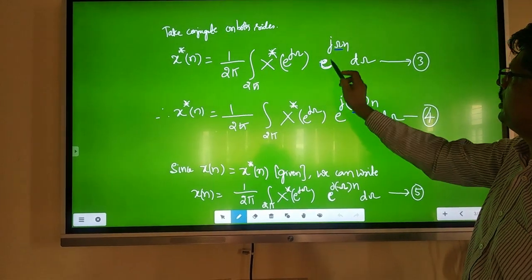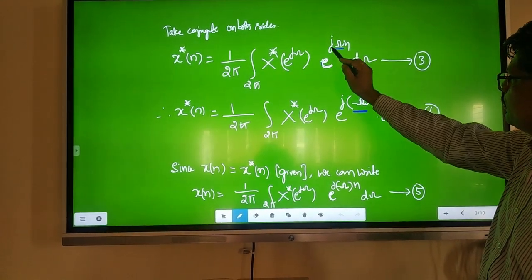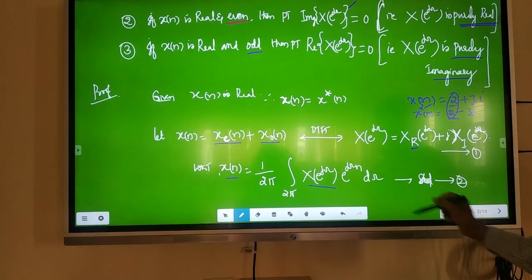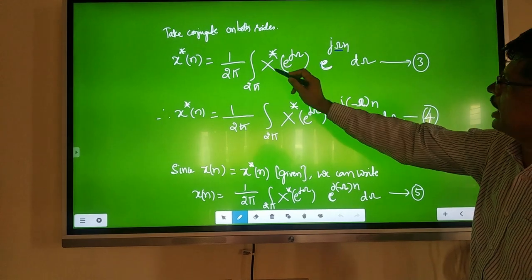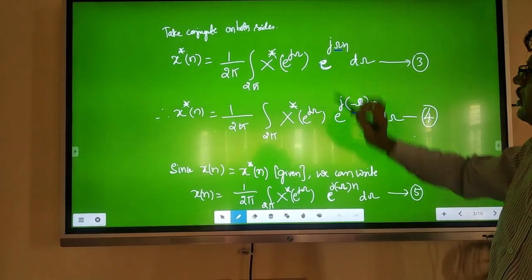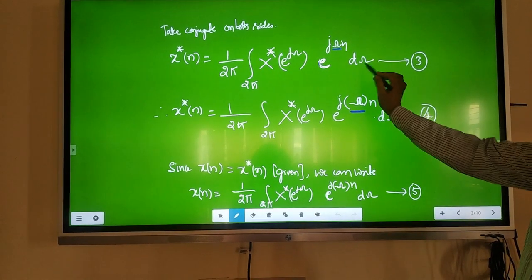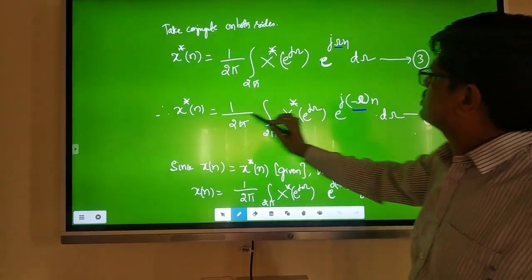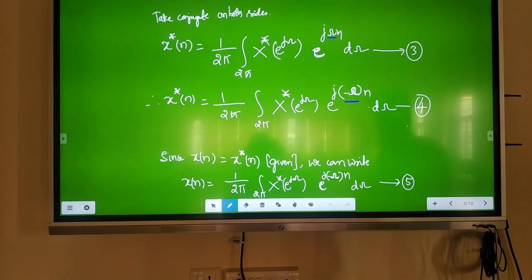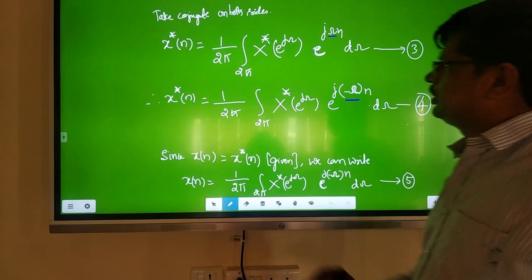Just write star here: X star of e power j omega times e power minus j omega n d omega. Just conjugations we are taking. Call this equation number 3.